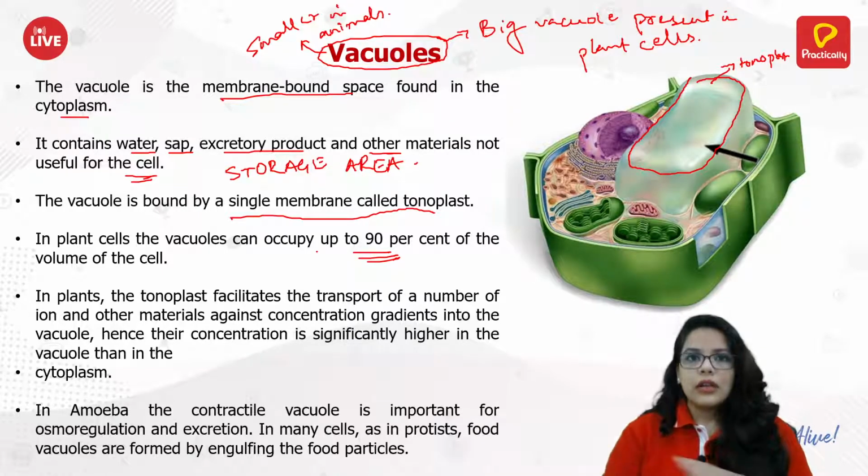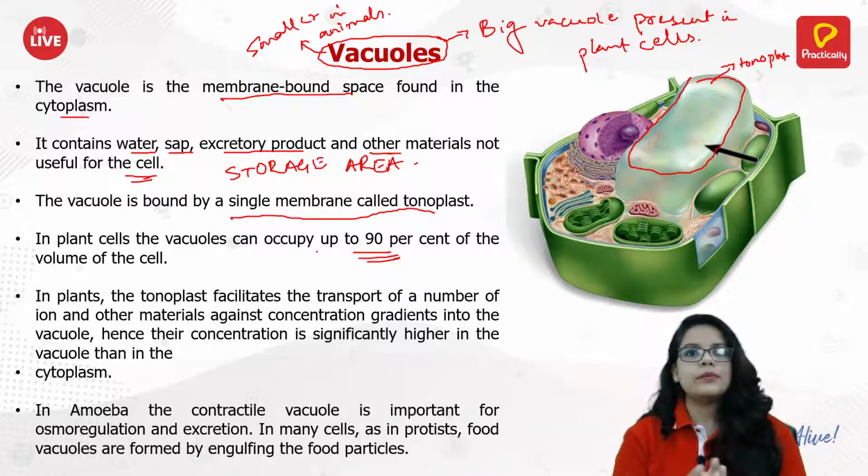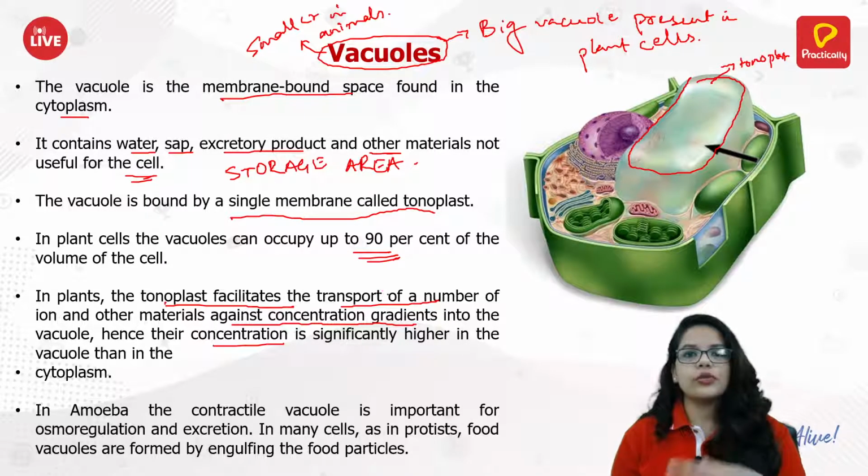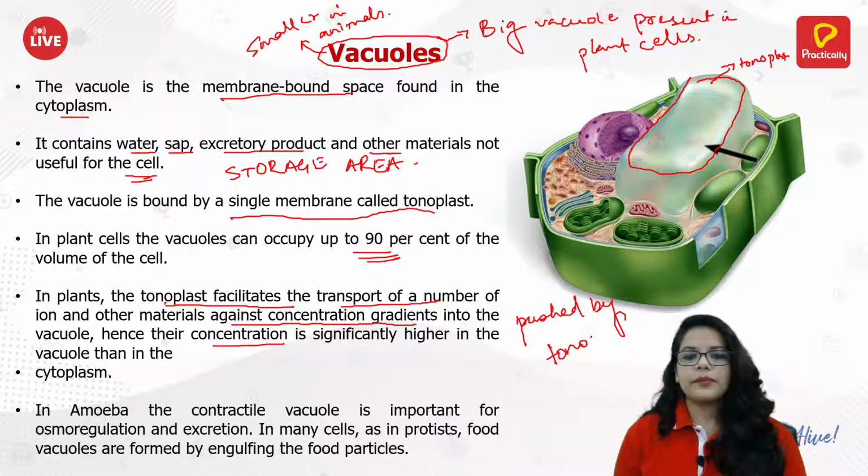Now in plants, the tonoplast, that is the outer membrane, facilitates the transport of a number of ions and other materials against concentration gradients into the vacuole. So different kinds of molecules are pushed by the tonoplast into the vacuole.